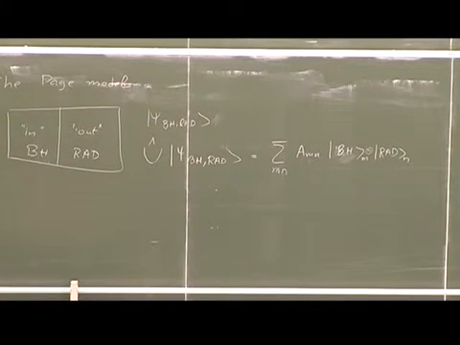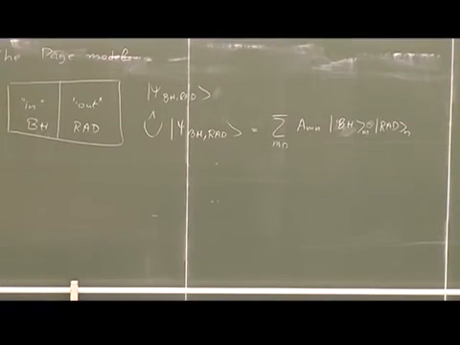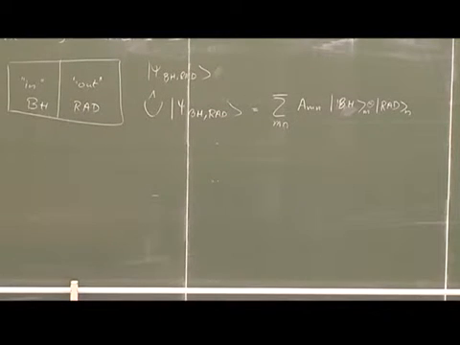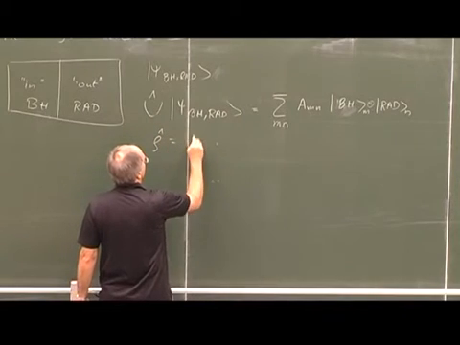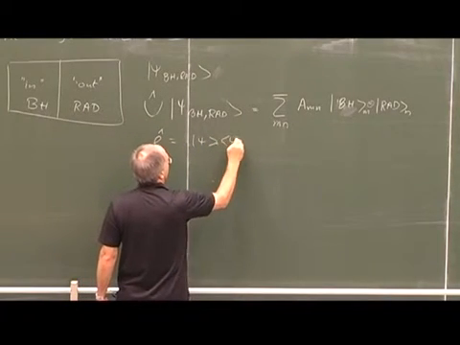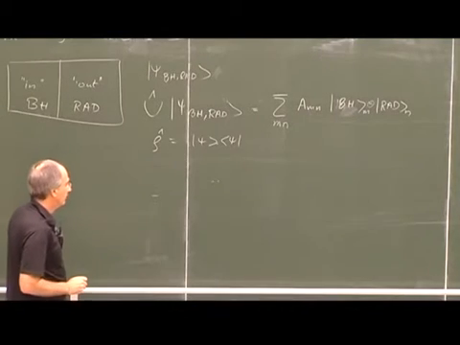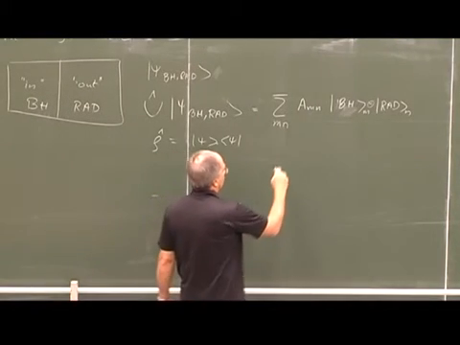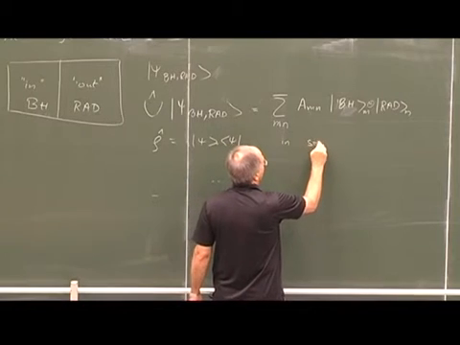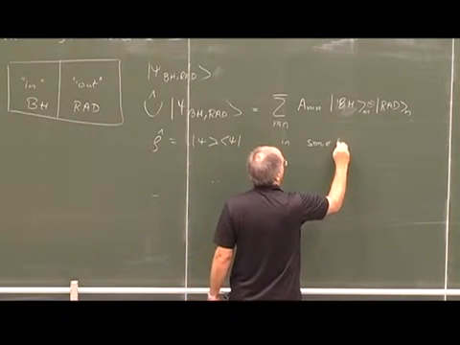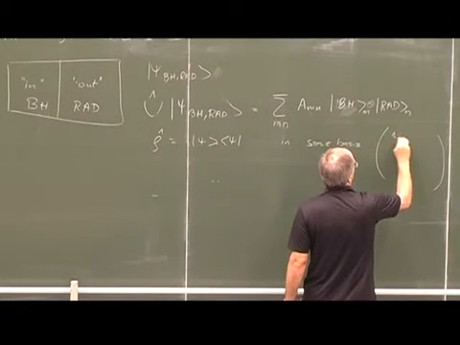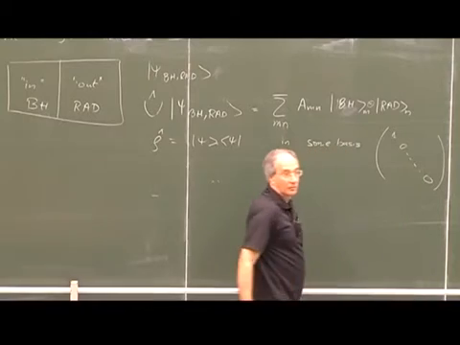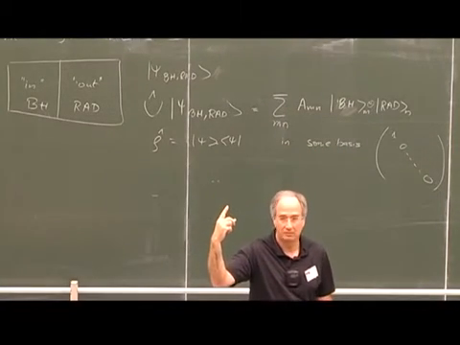Now, what this means in this case is that if we look at the density matrix that describes this state, in some basis, rho has a single entry, right?